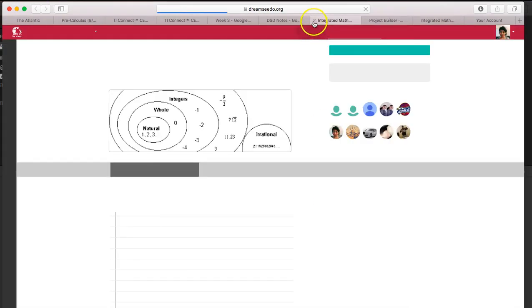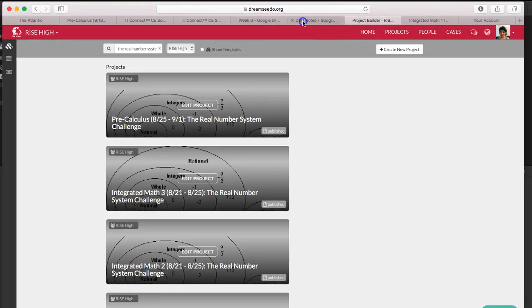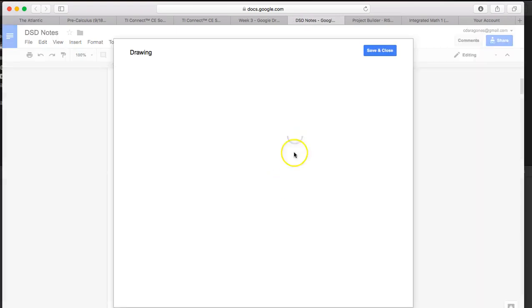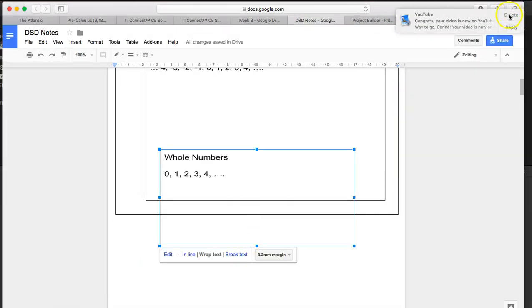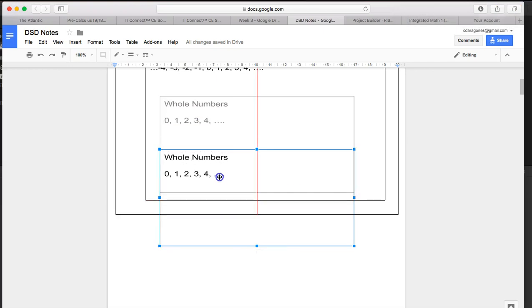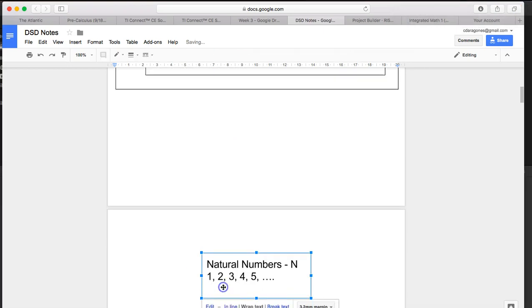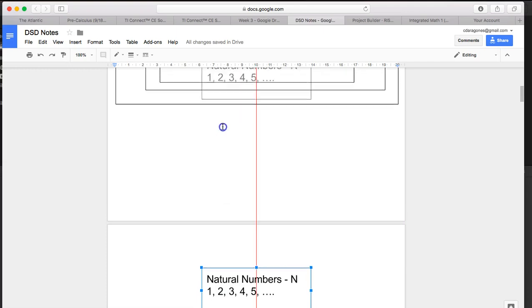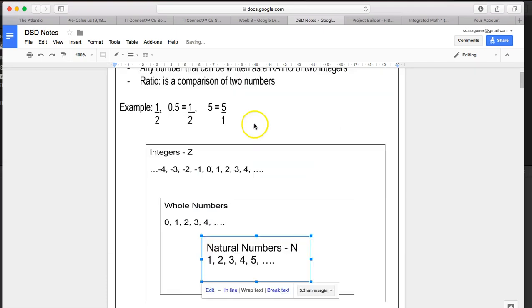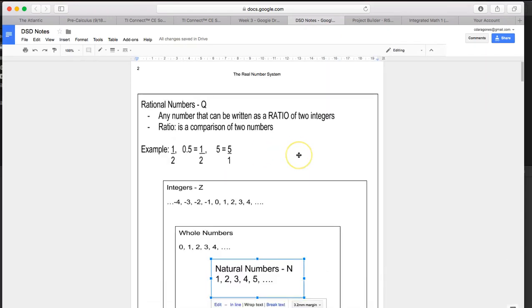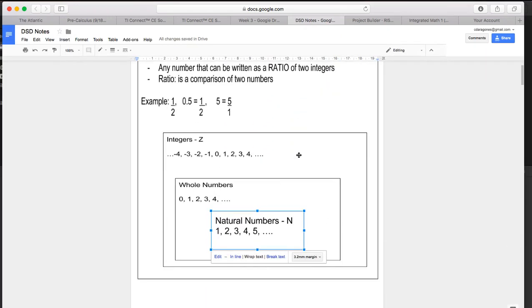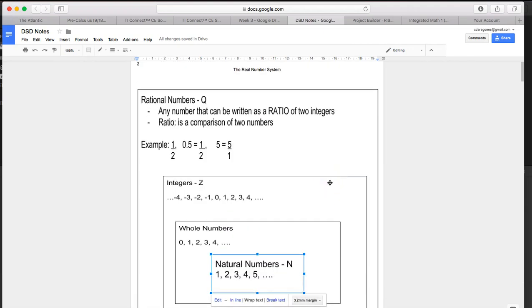So whole numbers belongs in there, and natural numbers can go in there. Okay. So make sure you're caught up in your notebook with all of these 4 buckets of numbers, and then we'll do the last set of numbers.